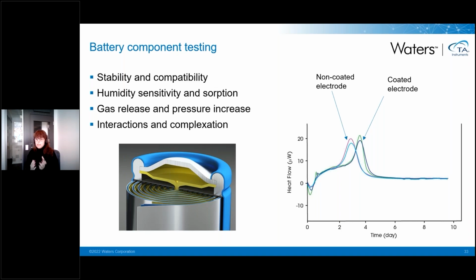Typically, it's done under slightly elevated conditions, between 40 and 60 degrees maybe, so we accelerate the reaction. And we can see that the coated electrode in this case would be more stable than the non-coated electrode. I already mentioned humidity sensitivity and sorption, gas release and pressure increase, and interactions and complexations of battery components.